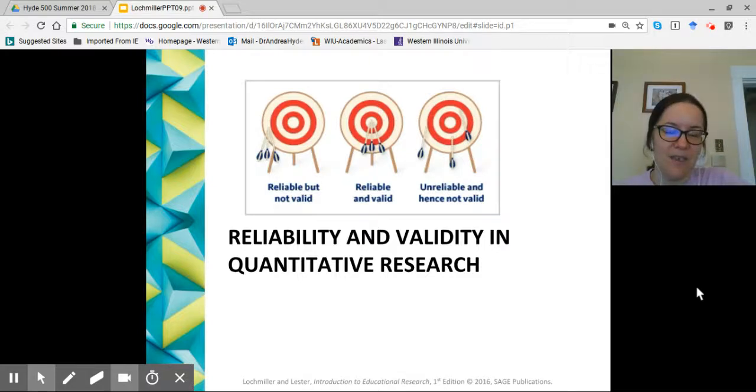I found images of these just about everywhere. And I'm someone who consistently has to look up reliability and validity and how they're used in traditional scientific research and in quantitative studies, because I don't use these terms this way. So I always get confused. But you can look at reliability.